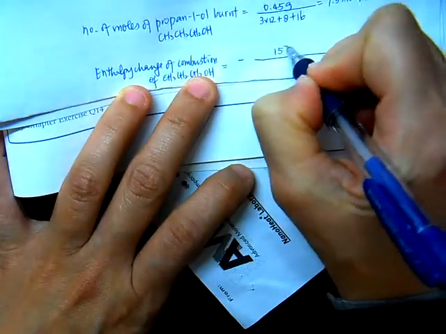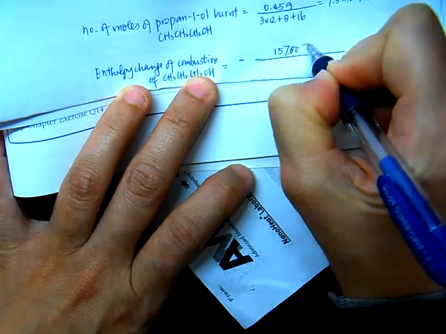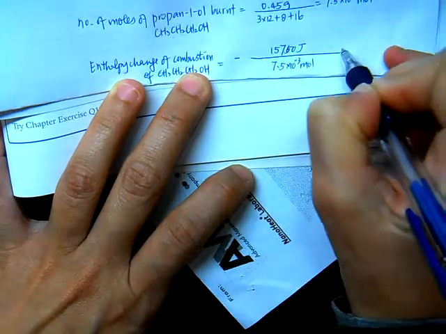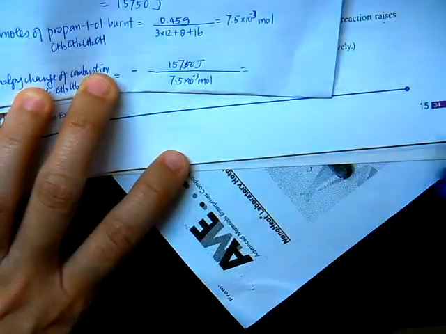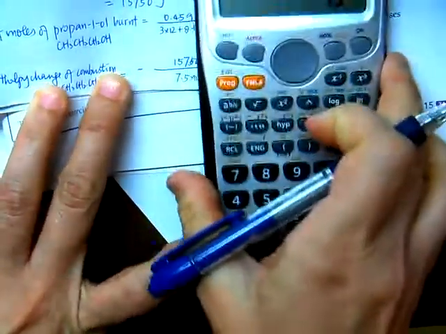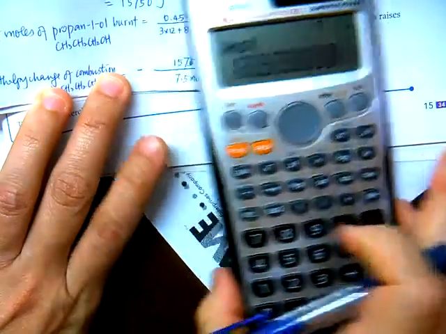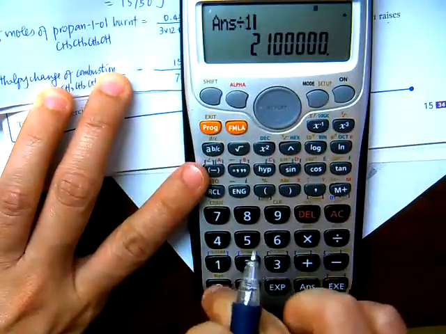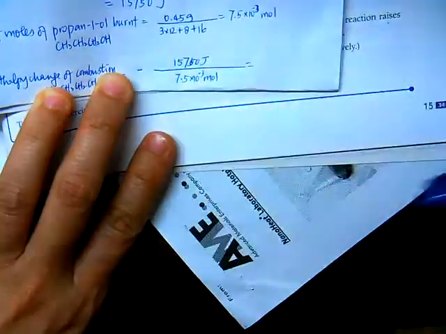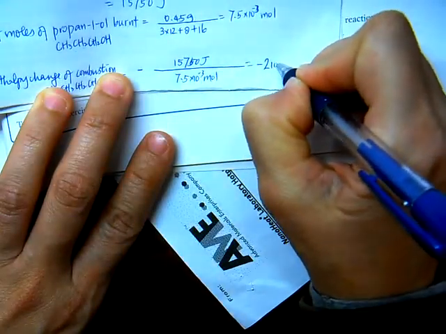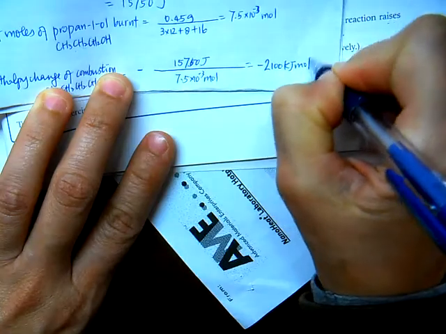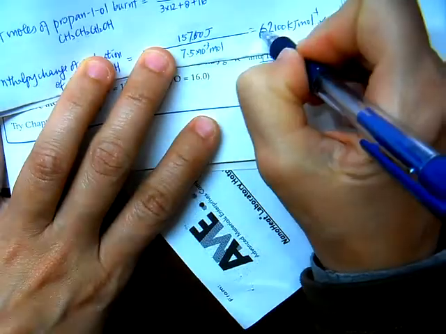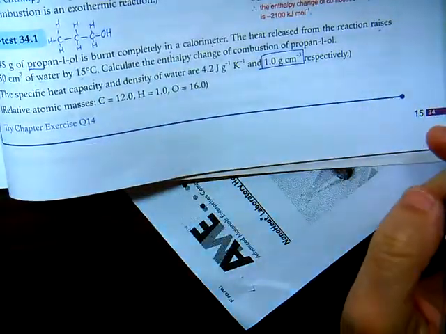In this experiment we have the heat released, and then over number of mole of propan-1-ol burnt, and then over 1000, change it to kilojoule, which is -2100 kilojoule per mole. Have you got it? Bear in mind the negative sign. Very important. But that's all for this test.